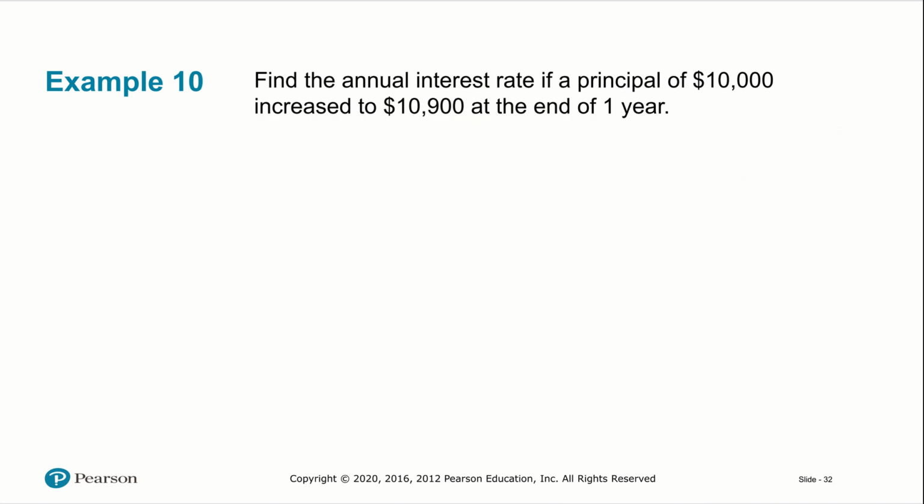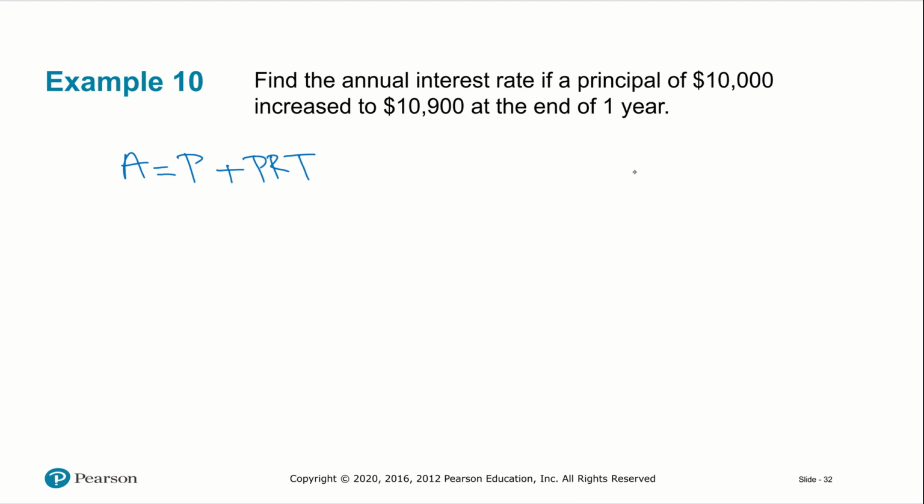All right, so next we want to find the annual interest rate if a principal of $10,000 increased to $10,900 at the end of 1 year. There are different ways you can go about doing this. You could just go to the formula that you know, the future amount is equal to the principal amount, the original amount, plus the interest, which we know is PRT, right?